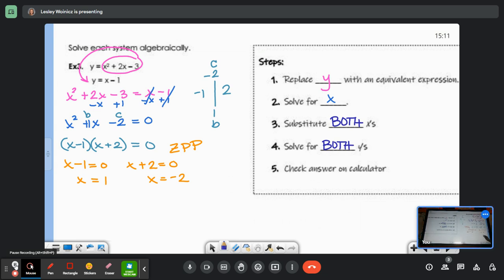We're just going to subtract 1. So y equals 1 minus 1. So y is 0. Okay, this one, y equals -2 minus 1. -3.